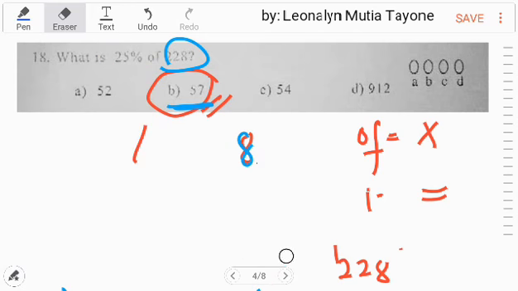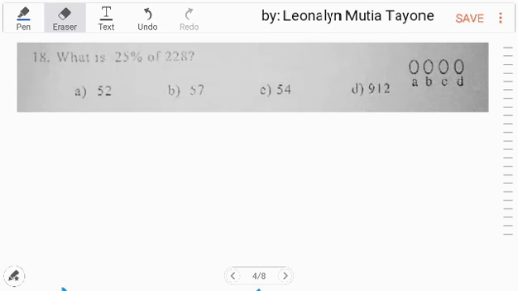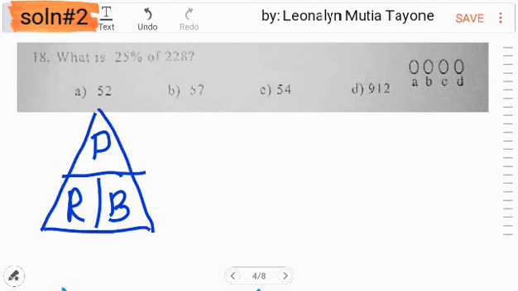Although yung solution number 1, yun yung pinakagusto kong gawin para ma-solve ang mga ganitong klaseng problem. Pero let's do solution number 2 kung gusto nyong gumamit ng formula. P, rate at saka yung base. Bali yung portion is equals to rate times yung base.